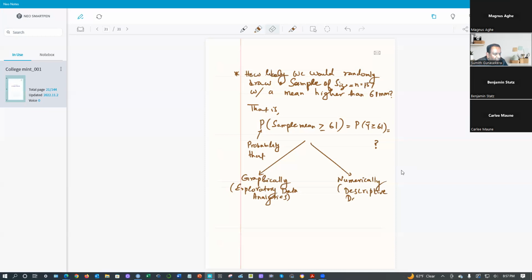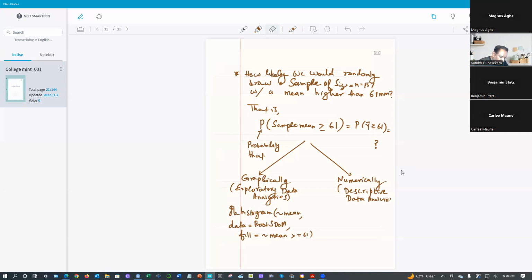How could you graphically show that region? You go to the histogram of the bootstrap sampling distribution of the mean, and I'm going to fill, not with a color, but with the expression mean greater than or equal to 61. That's how you can show it graphically.